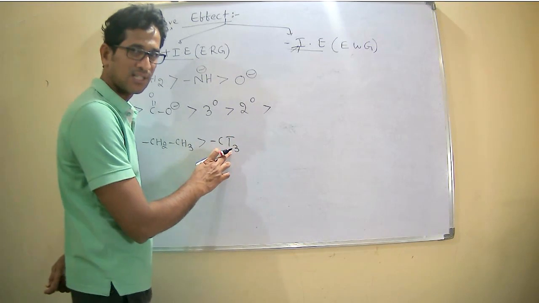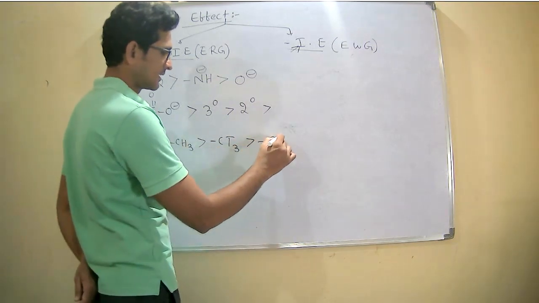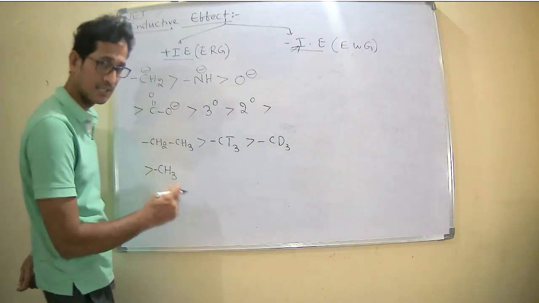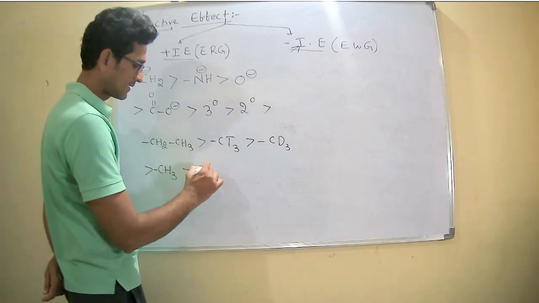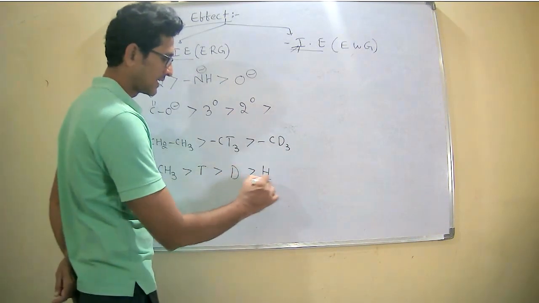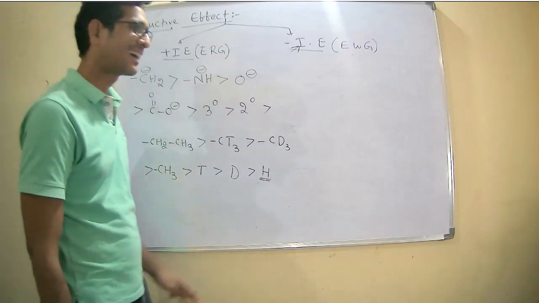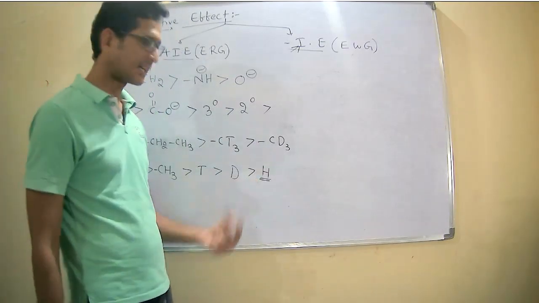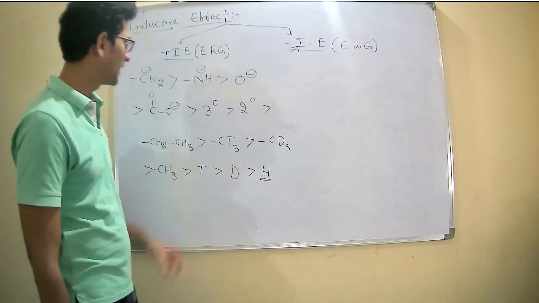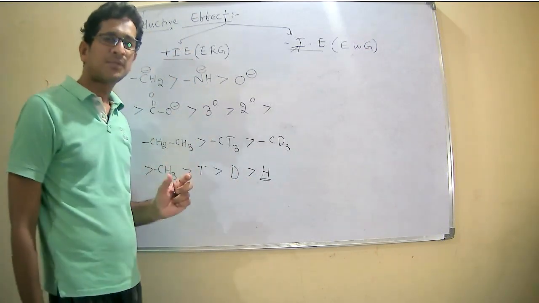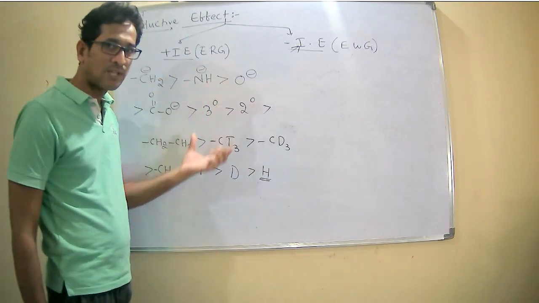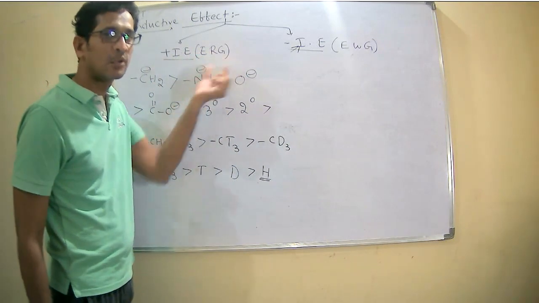T is the isotope of hydrogen, tritium. Then CD3, deuterium. Then CH3, methyl. Then tritium, deuterium, and finally hydrogen, which is considered as the reference. So these three are the isotopes of hydrogen. These are some of the electron releasing groups, ordered in decreasing order of the electron releasing property.